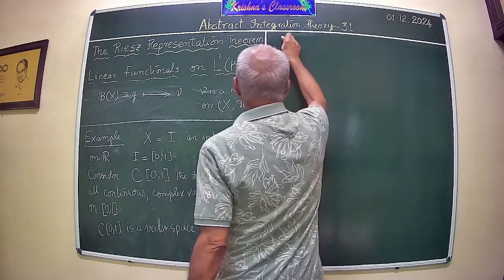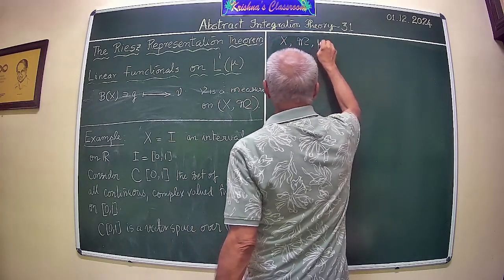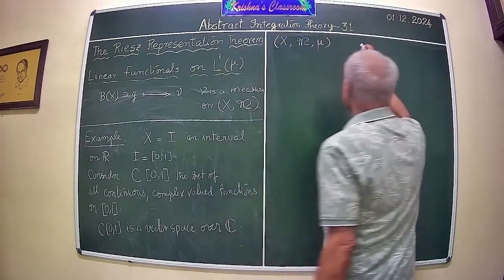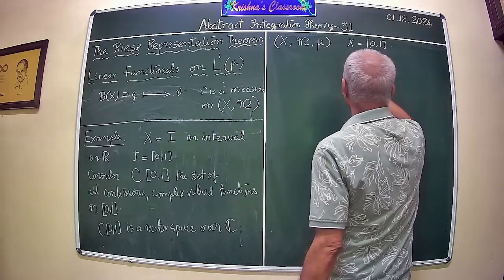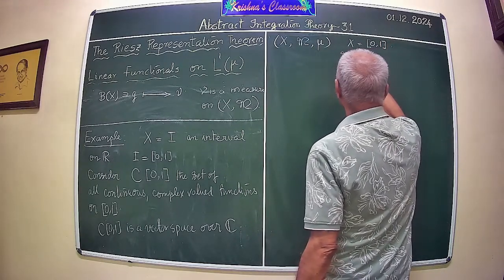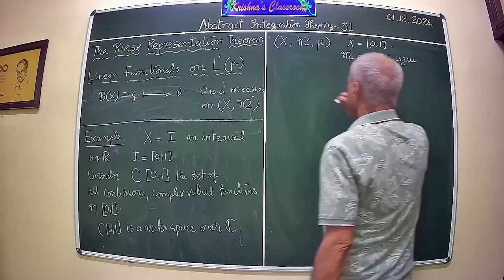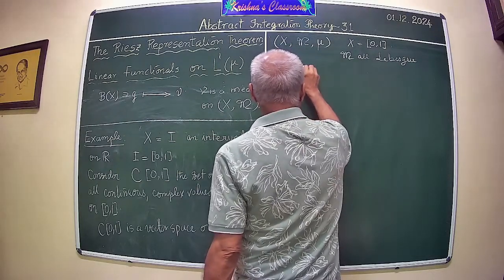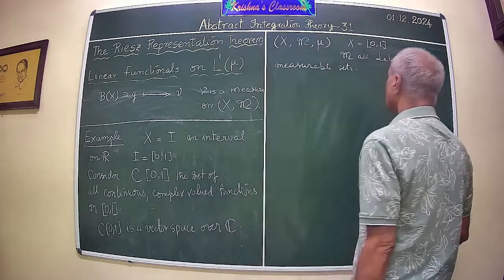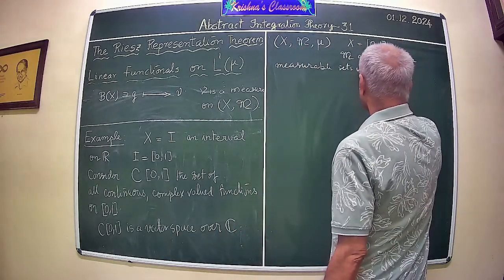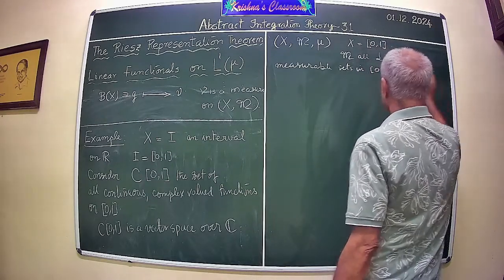So you take x, all Lebesgue measurable sets, and mu as the Lebesgue measure. So x equal to [0,1], with the Lebesgue measurable sets and mu the Lebesgue measure.